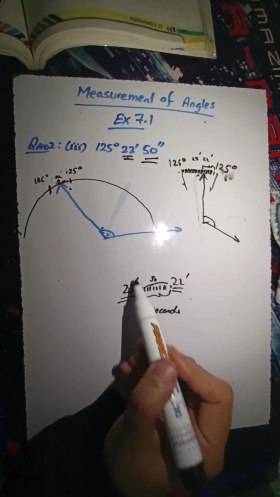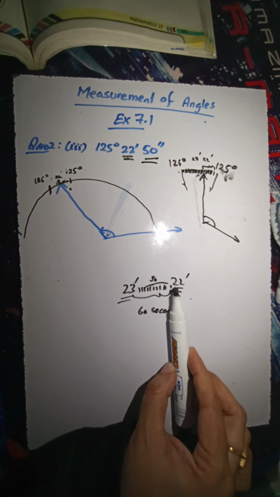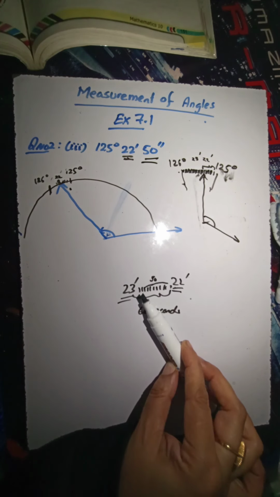all this division. This angle has crossed 22 minutes, and after crossing 22 minutes it has reached the 50th division, and therefore we are saying that it has covered 22 minutes and 50 seconds.